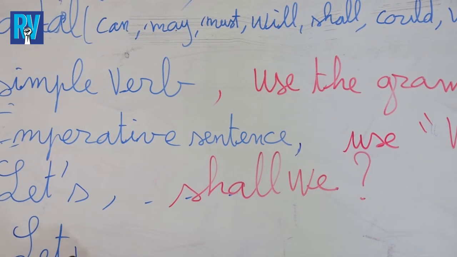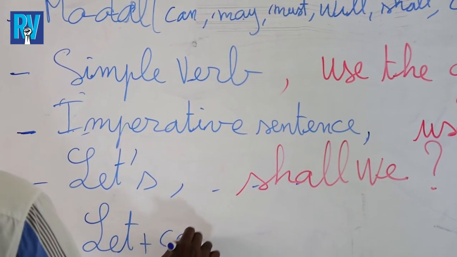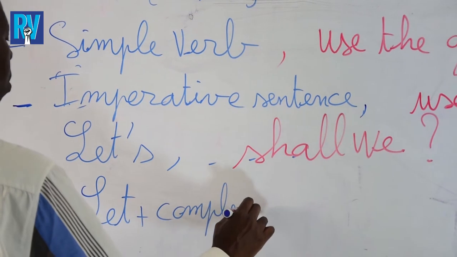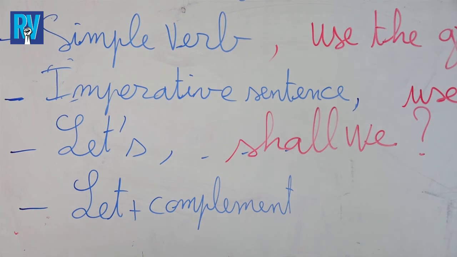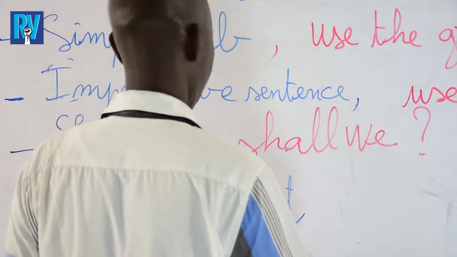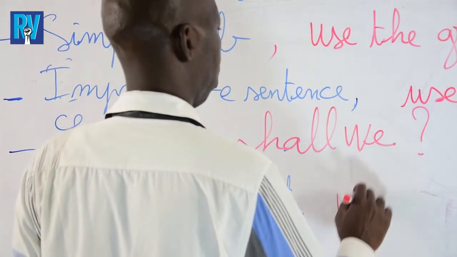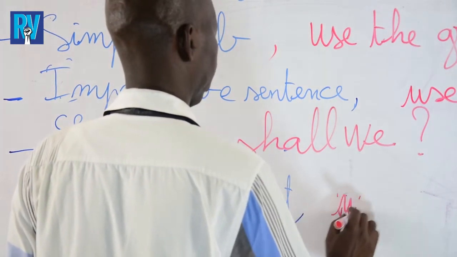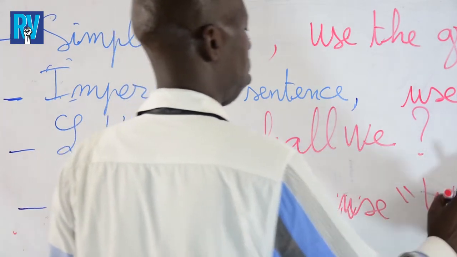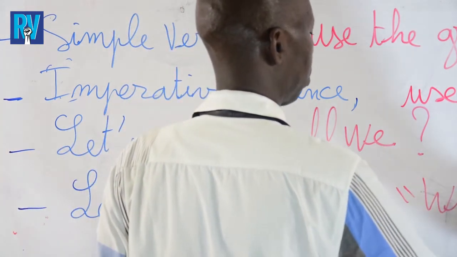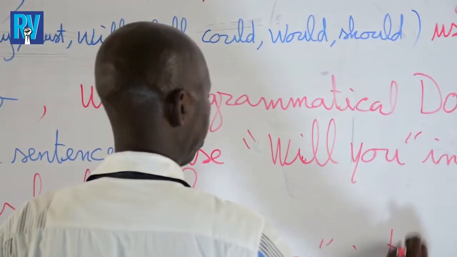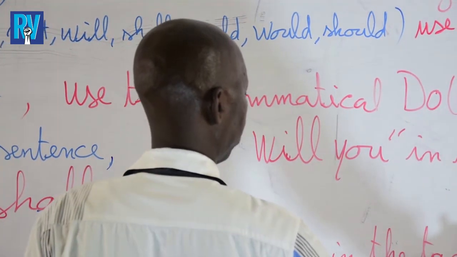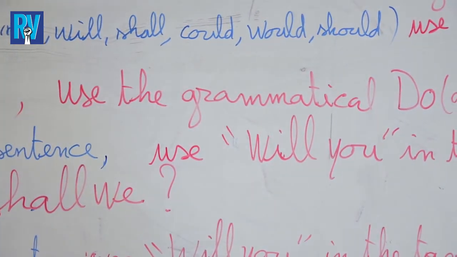When you have let plus complement, let me come, let me go, let me take, say will you. You have will you in the tag.